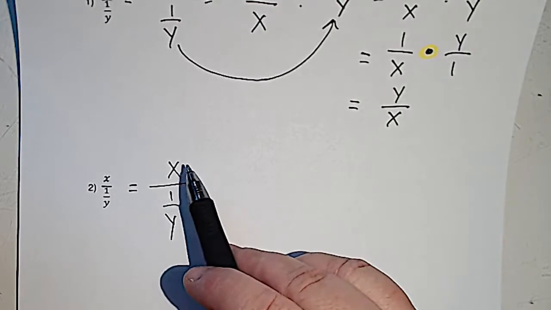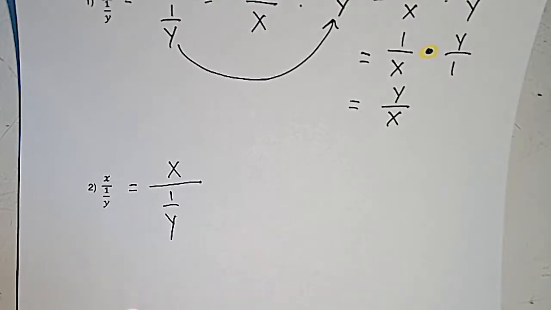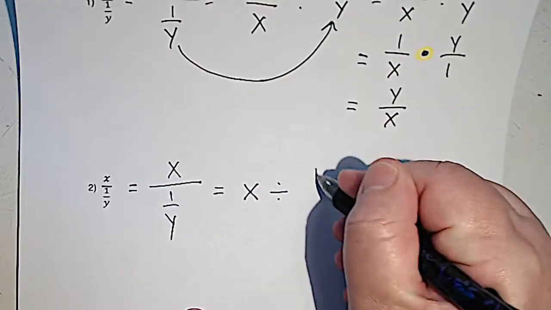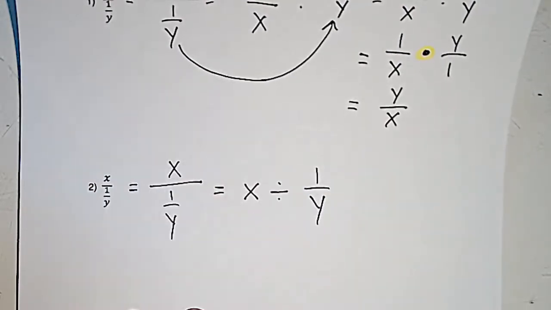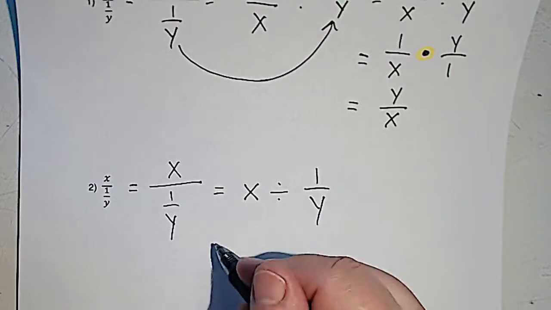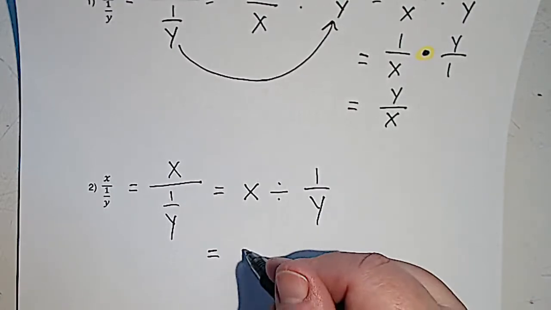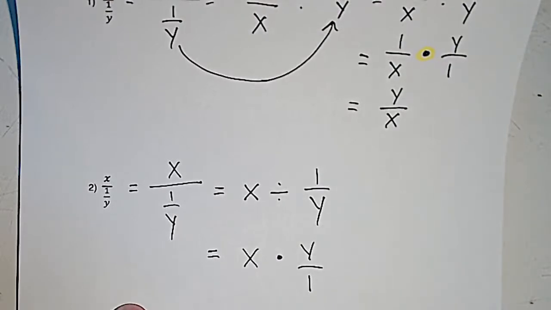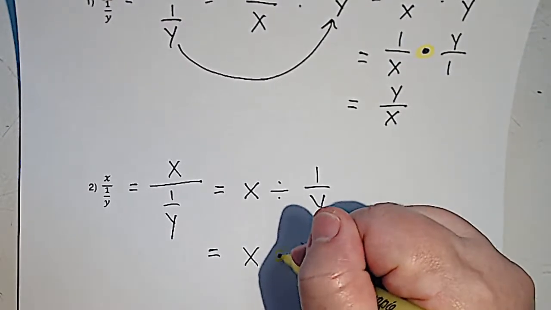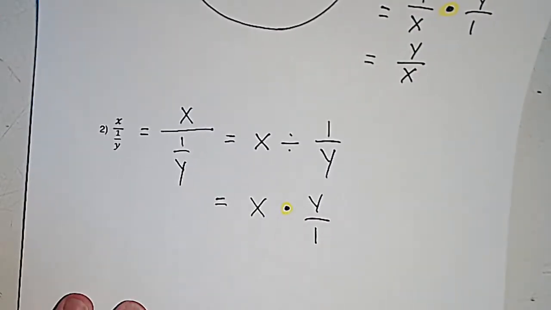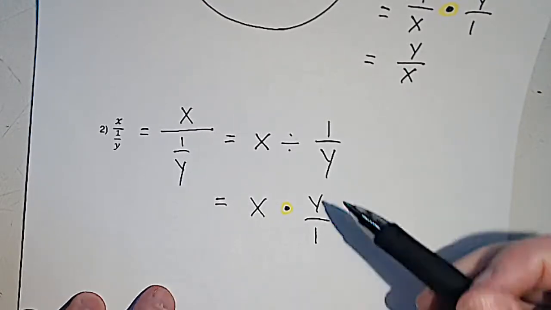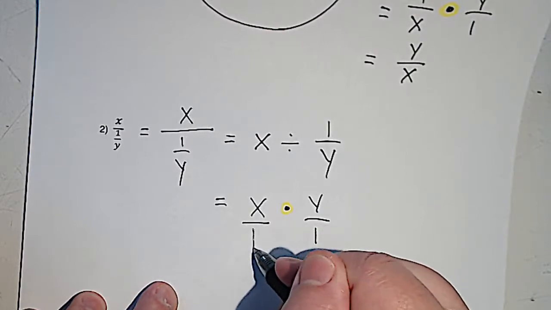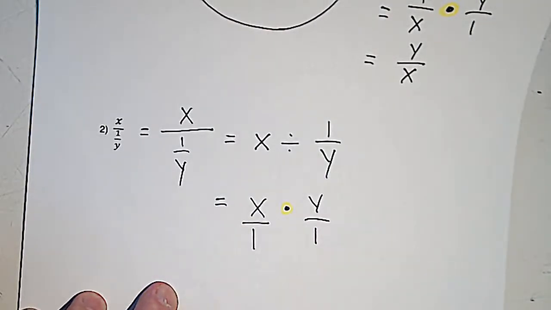Okay, so this line, the fraction bar, is bigger than this little one, so that's the main one. So we've got x on top, 1 over y on the bottom. Here's what I'm going to do. I'm going to write it as x divided by 1 over y, just like we did up above. And then x times y over 1. Now, in this case, I got a couple options, right? I could remember the y over 1 is just y, or if I'm feeling nervous, x by itself can always be written as x over 1.